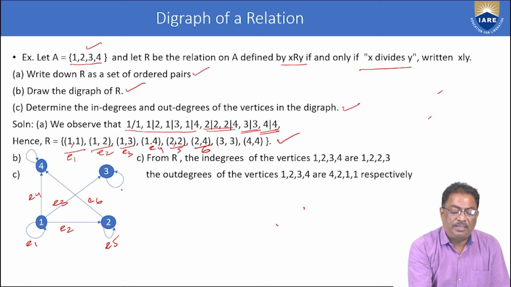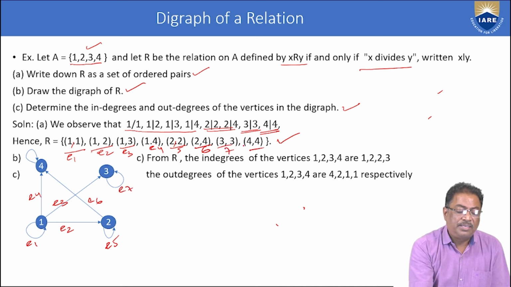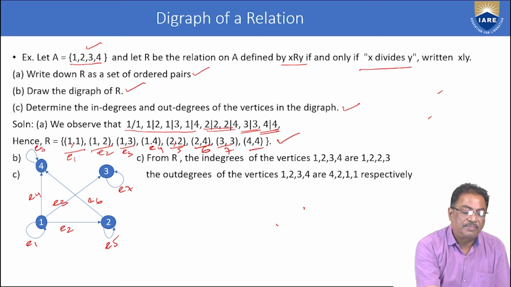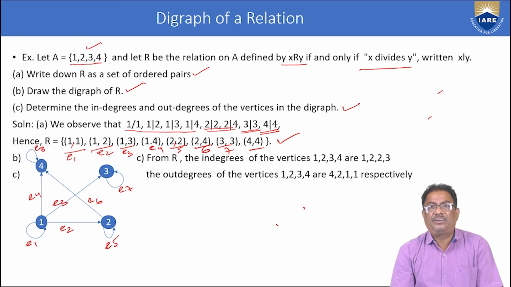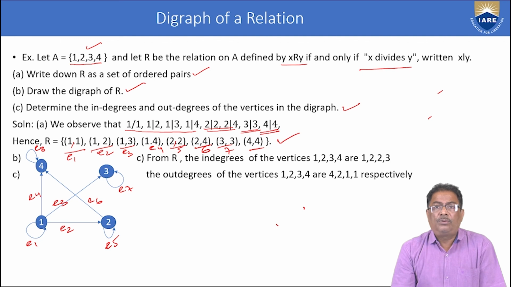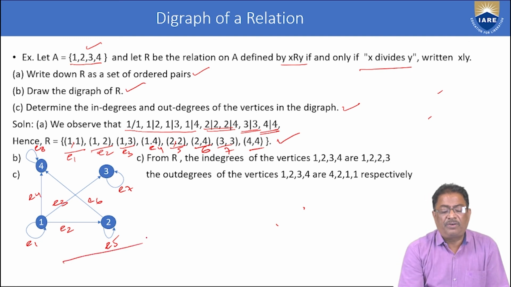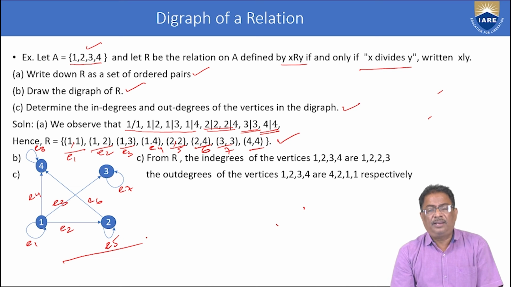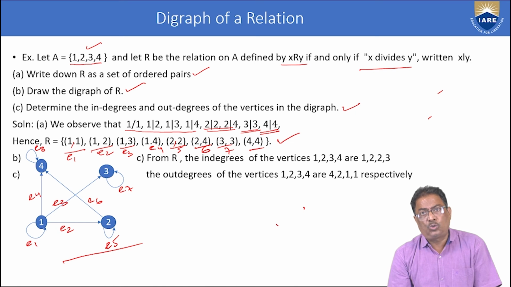And (3, 3) is E7. And (4, 4) is E8. Like that there will be edges. Now we have to consider that this is the digraph. So wherever the ordered pair will be there, we have to construct an edge between those two nodes.